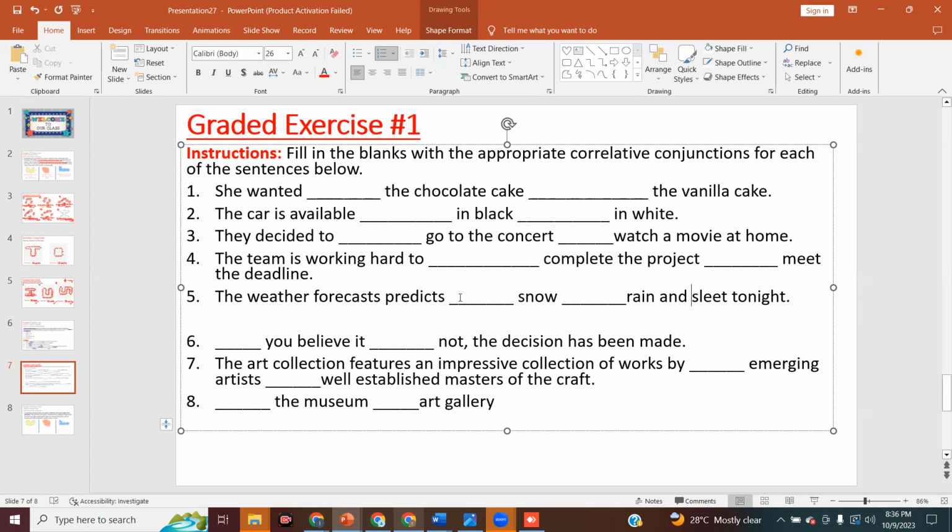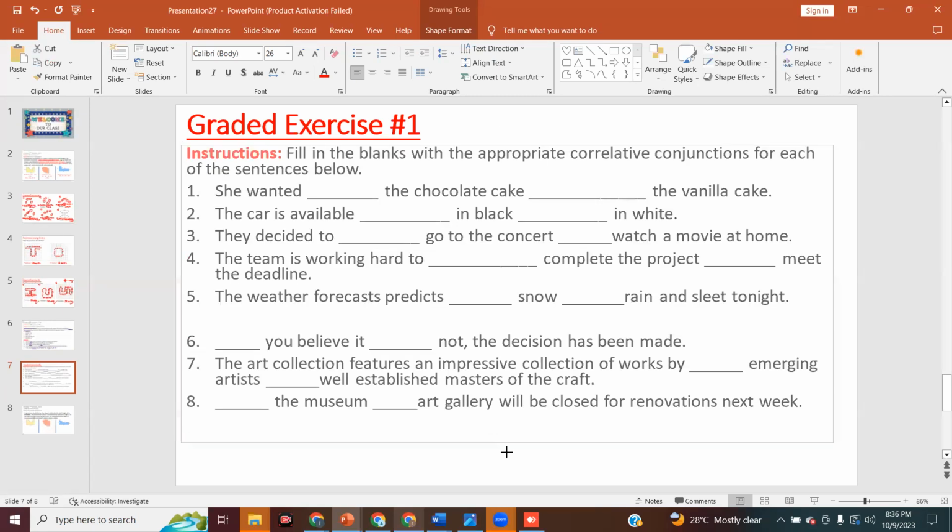Please notice the correction to number 5. It was written wrong. The weather forecast predicts blank snow, blank rain, and sleet tonight. Number 8, the museum, blank the museum, blank art gallery will be closed for renovations next week. All right, just 8 of them.